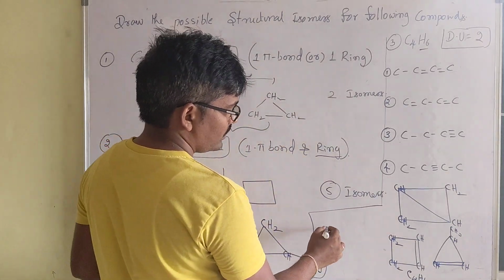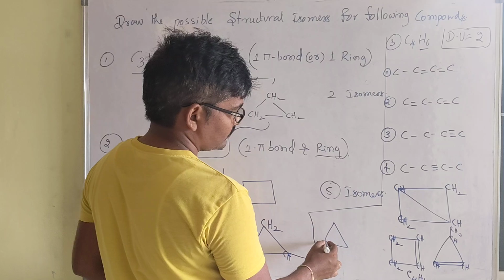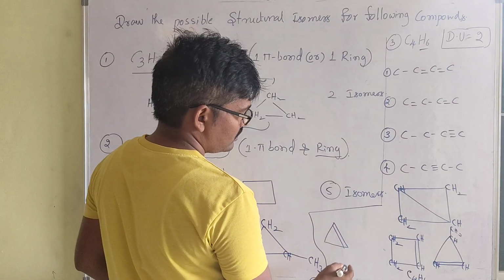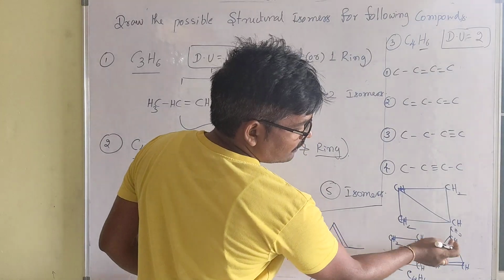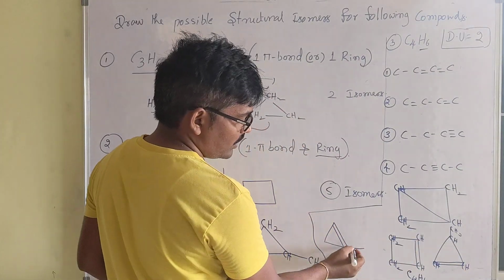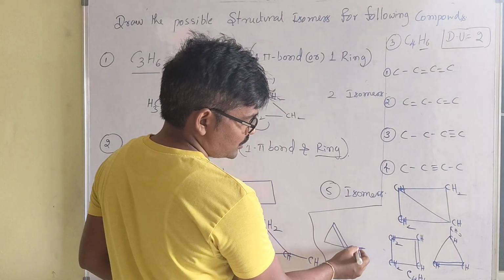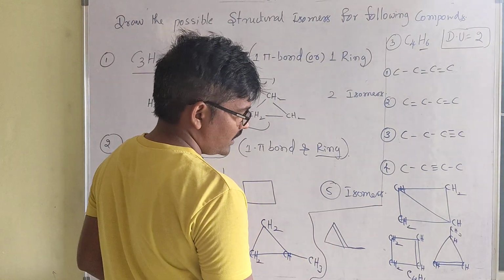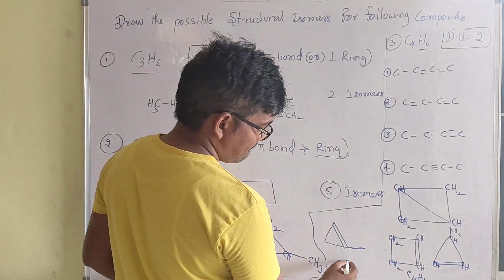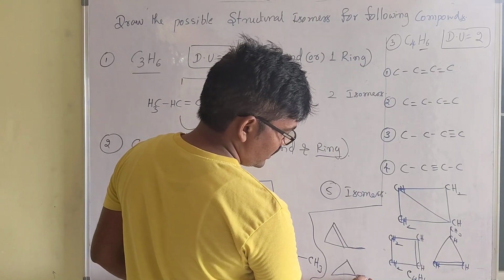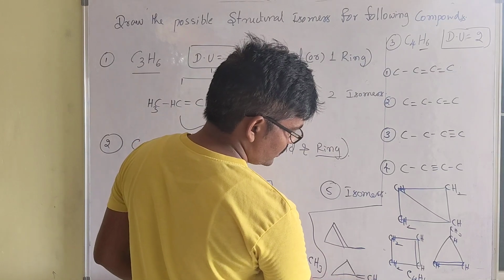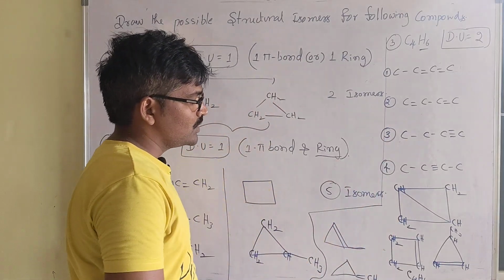Right. One more. So ring, pi bond, then substituent here only. Here the pi bond has the substituent away from it. Here the substituent is right next to it. Clear? That is one. Sir, one more is there. One more. Then double bond. Here itself double bond CH2. Look. Okay, all these are also possible structures.